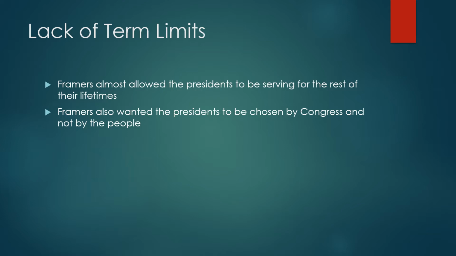And the last reason is that framers originally intended for presidents to be chosen by Congress and not by the people, which would have completely defeated the purpose of the United States being a democracy.